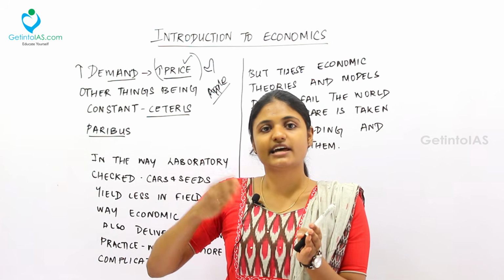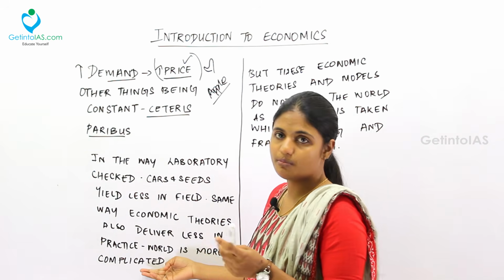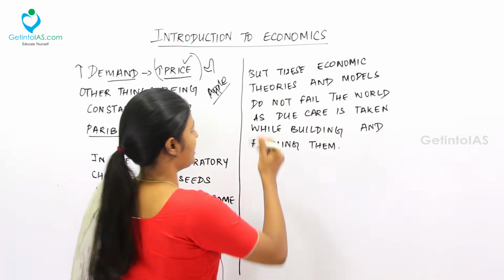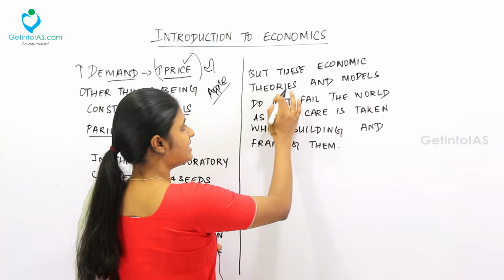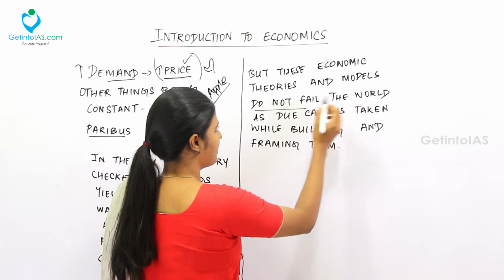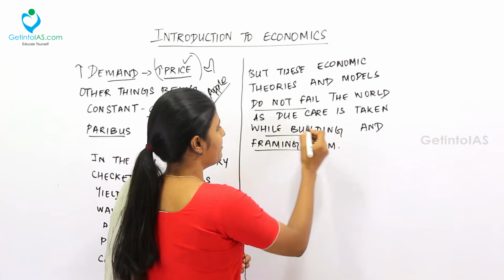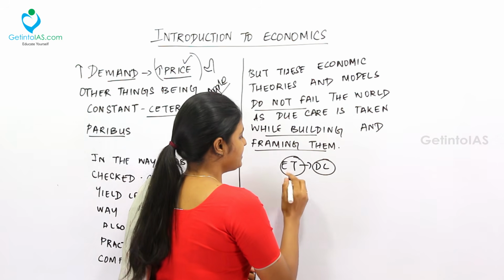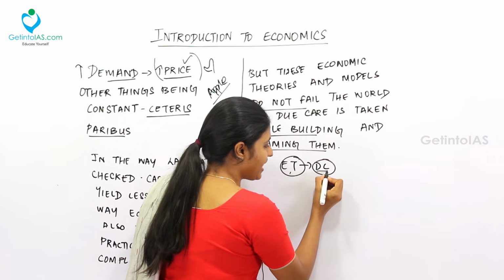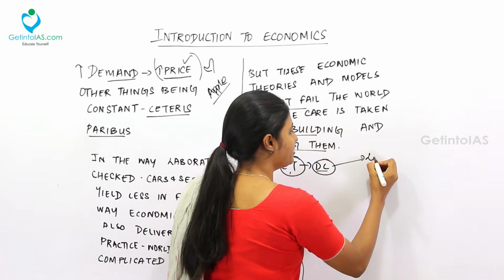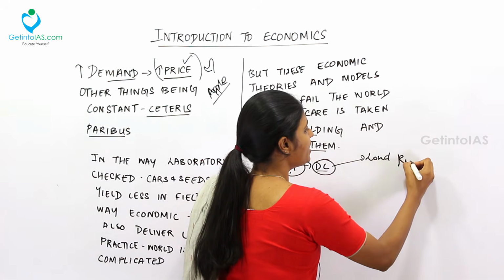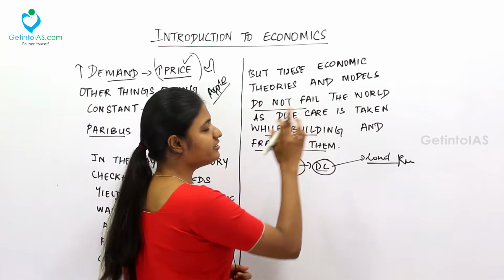But now, as time changes, the world becomes complicated. But in the same way, these economic theories and models do not fail the world, as due care is taken while building and framing them. When an economic theory is built, they take due care that it holds in the long run. So they take care that the economic theories do not fail.